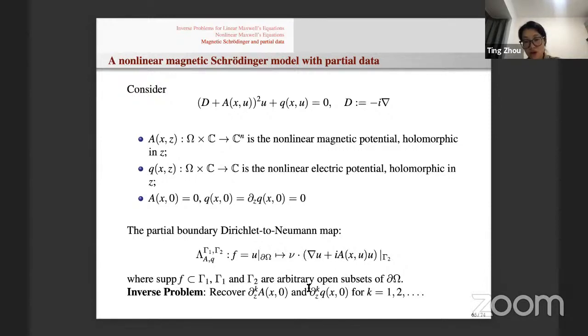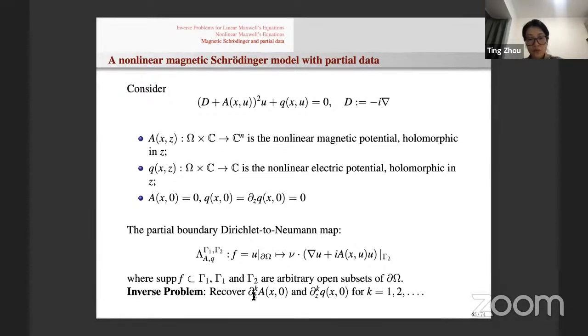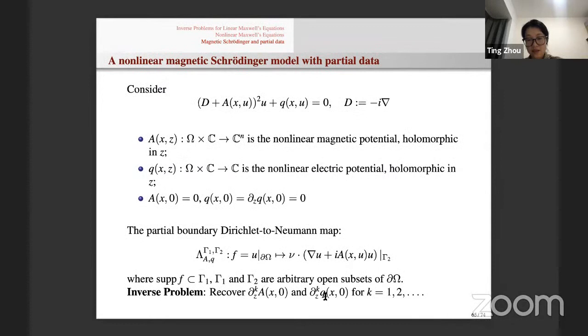And Gamma 1 and Gamma 2 are arbitrary open subsets of the boundary. Okay, so these are very relaxed partial data. So the inverse problem is to recover, as I said, the Taylor coefficients in the expansion of these nonlinear coefficient parameters. Okay.